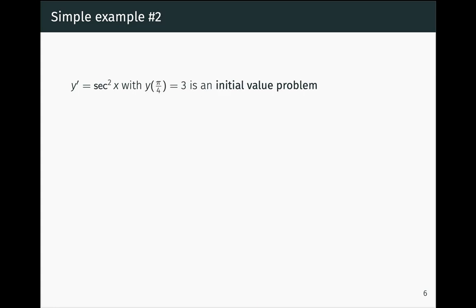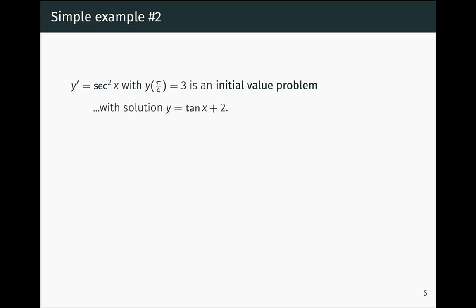y dash equals sec squared x with y of pi on 4 equals 3, well, this is an initial value problem. It's a differential equation, but we have a piece of data. So it has a very specific solution, y equals tan x plus 2.